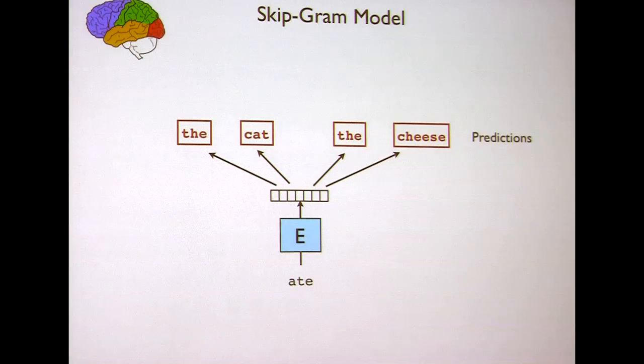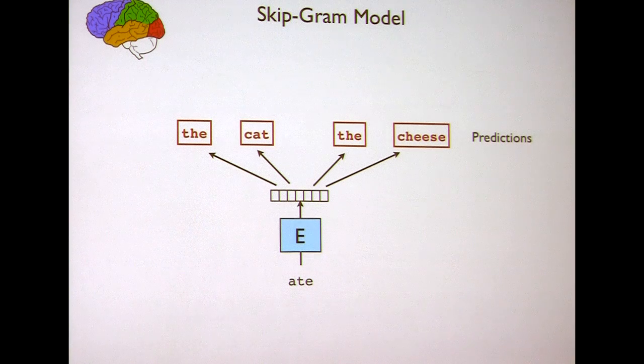There's a bunch of different models you can use to train these embeddings, but essentially you take a word in, you put it through the embedding to figure out what the current 1,000-dimensional representation of the word 8 is, and then you use that vector to try to predict some of the other words that are nearby. So if I see the word 8, I want to be able to predict the word cheese.